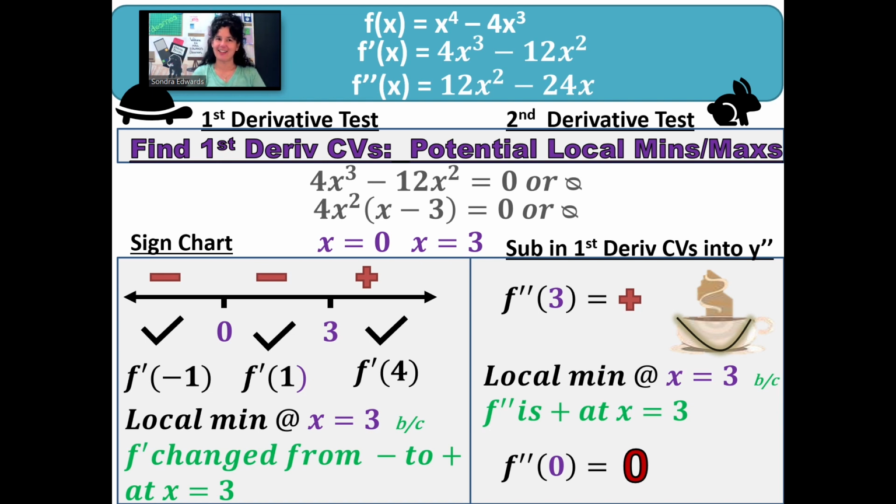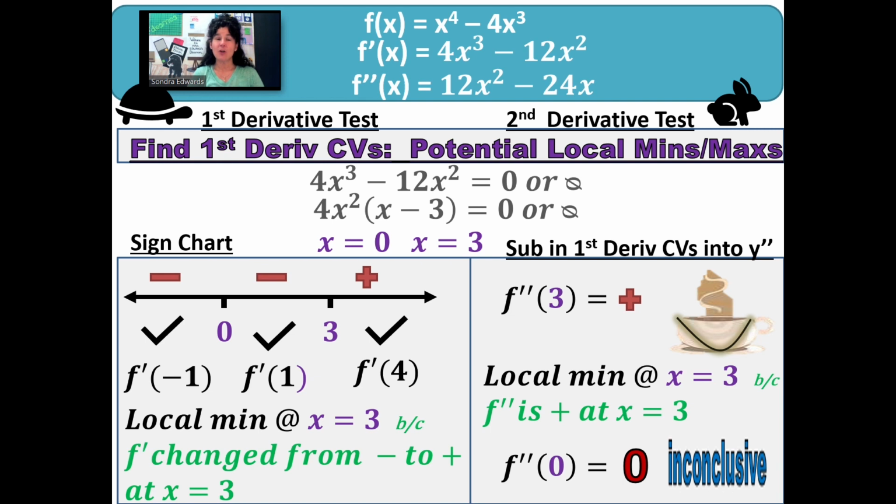Darn it. Remember, if you substitute a number into the second derivative, you get positive, you're concave up. You get negative, you're concave down, and then it would have been a max. When you substitute a number into the second derivative and get 0 or undefined, the test is inconclusive. That does not mean there's not a local min or a max there.